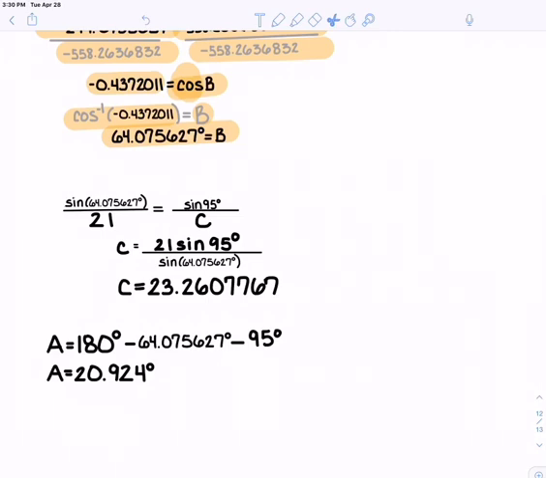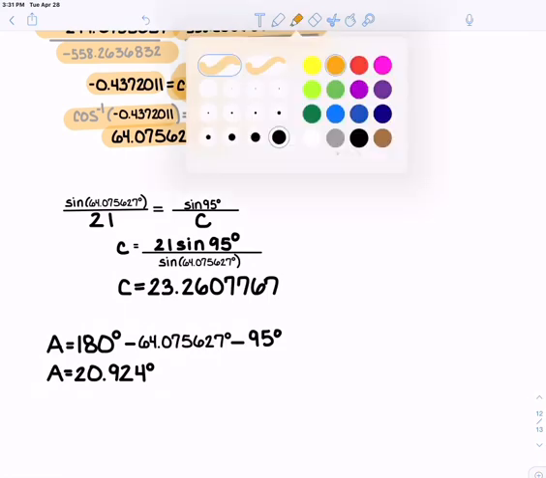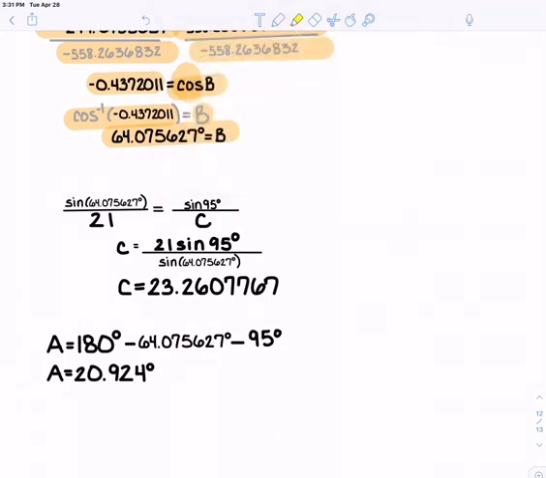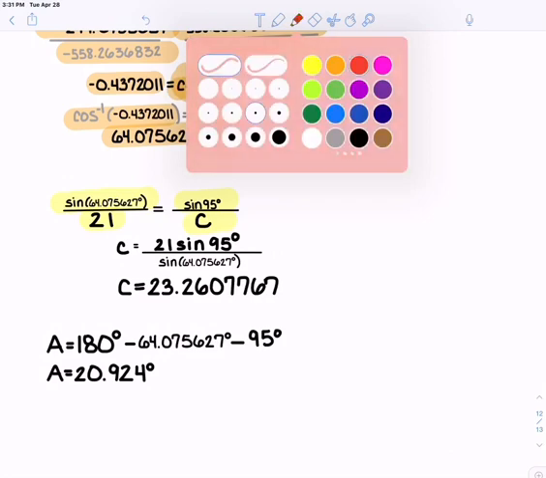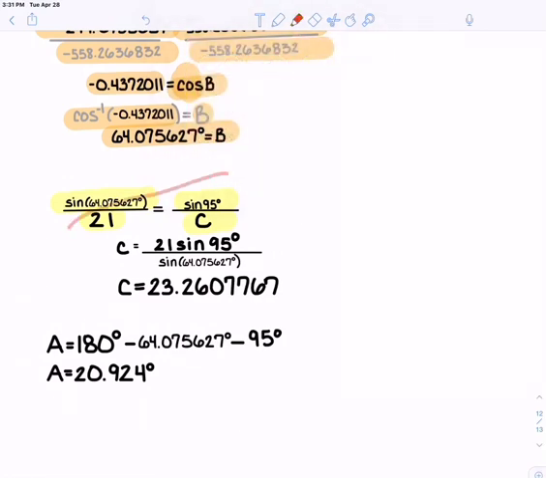We have a side and a corresponding angle, so I'm going with the sine of angle B over side length B. Then we'll have the sine of angle C over side length C. To find C, we're going to cross multiply and divide, making sure your calculator is in degree mode.